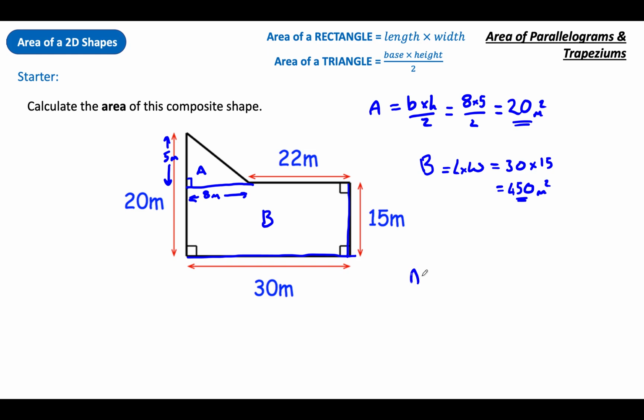And so the area of the whole shape will be the combination of those two. So 20 plus 450 equals, come on computer, catch up, 470 meters squared. Okay, let's move on.